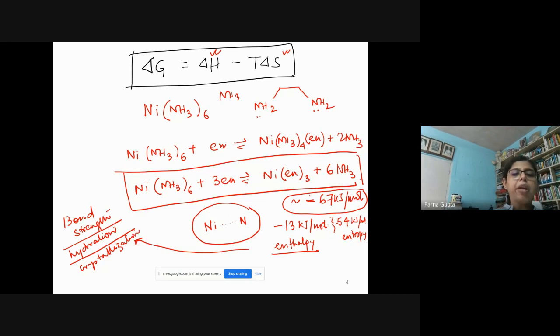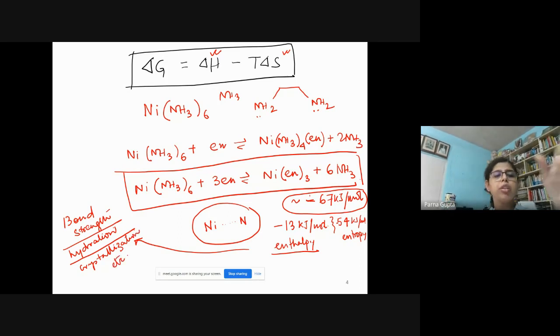These parameters, etc. I'm not telling you too much because you don't really need that much for this. I just want to make my point clear. These are the things that take care of the enthalpy part.